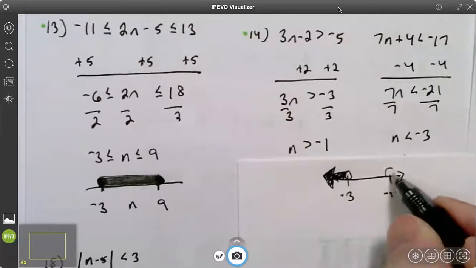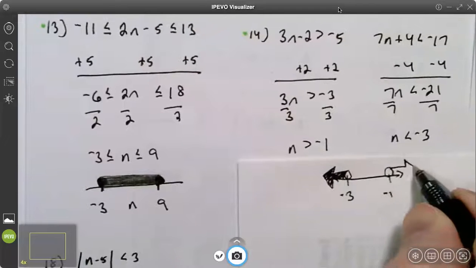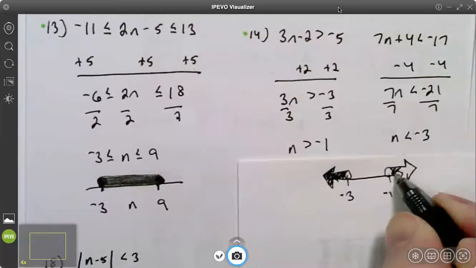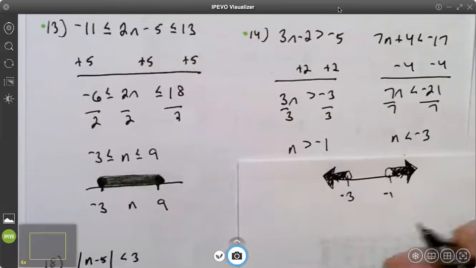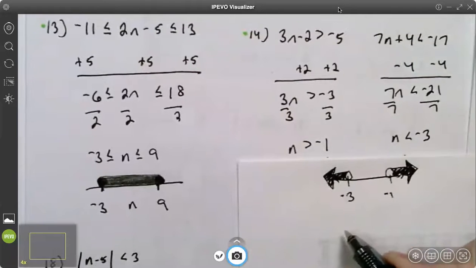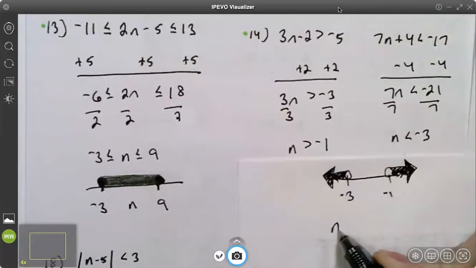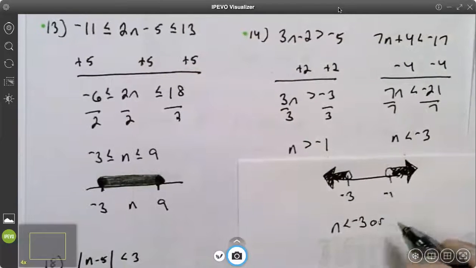It says greater than the -1. That's going to point to the right. These arrows point away from each other like oars on a boat. So I have an or. So the correct way to write our answer is n is less than -3 or n is greater than -1.